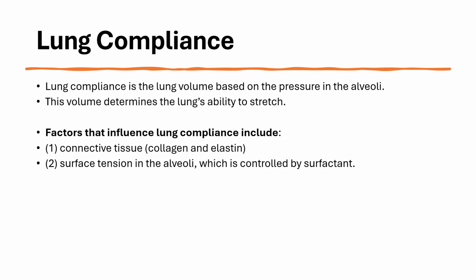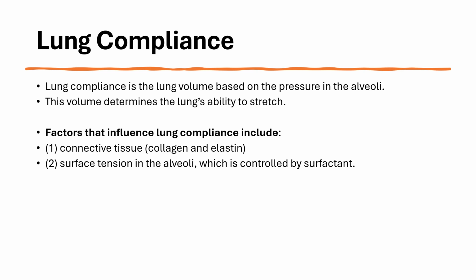Now, surfactant lowers the surface tension in the alveoli and prevents interstitial fluid from entering. Increased lung compliance is present with chronic obstructive pulmonary disease or COPD, and decreased lung compliance occurs with restrictive pulmonary disease.